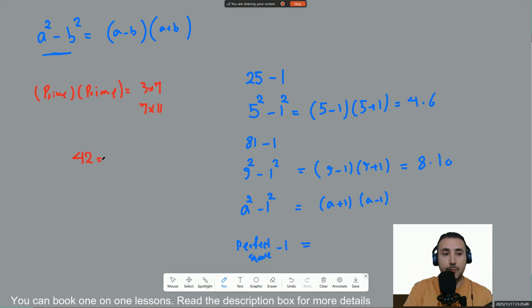The prime factorization of this number is 2 times 3 times 7. 2 is prime, 3 is prime, 7 is prime. We can write it definitely as 3 different prime numbers multiplied together, but can we write it as 2? The answer is no, because if I write it as 6 times 7, then 6 is not a prime number. If I write it as 2 times 21, 21 is not a prime number, okay? So these two things are crucial in understanding that question.